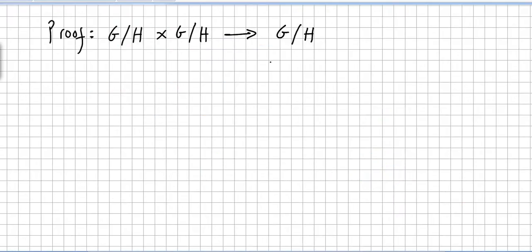So back to the proof. We have to prove that if I pick two elements in the factor group and I map it in the factor group, that this operation is well defined and that this is a function.